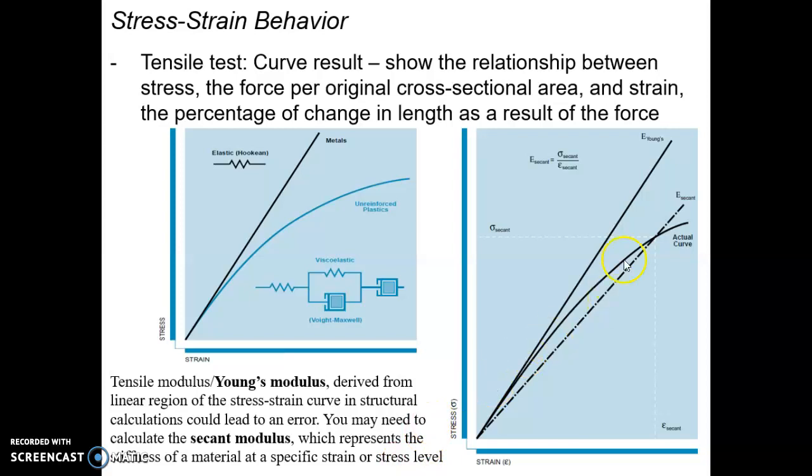Ni cara dikira secant modulus. Dia ambil point dekat actual curve dan dia buat satu line linear dekat sini. So yang ni adalah nilai modulus yang sebenar. The use of secant modulus ni akan dibincang dekat chapter lain, so don't worry about that.